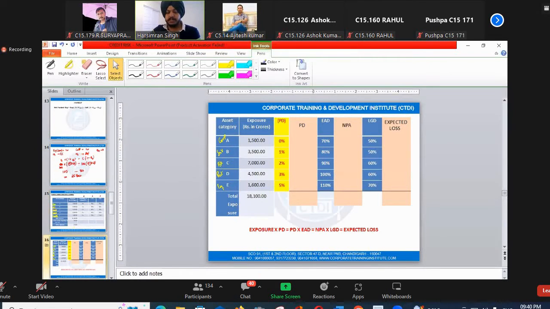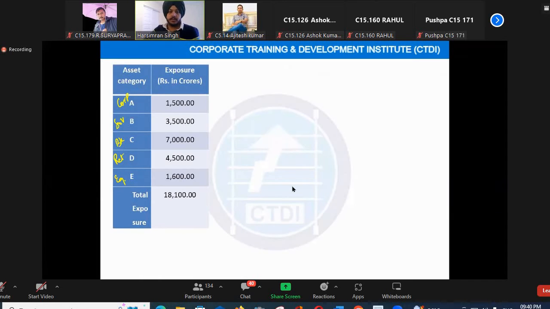Now, the first step is this exposure is given. This exposure will first be multiplied by PD. So from here you will get the probability of default.